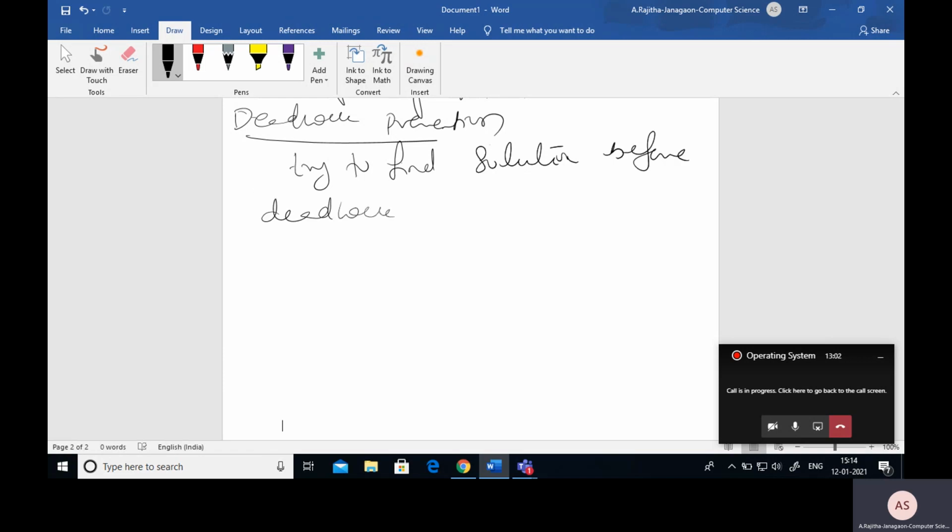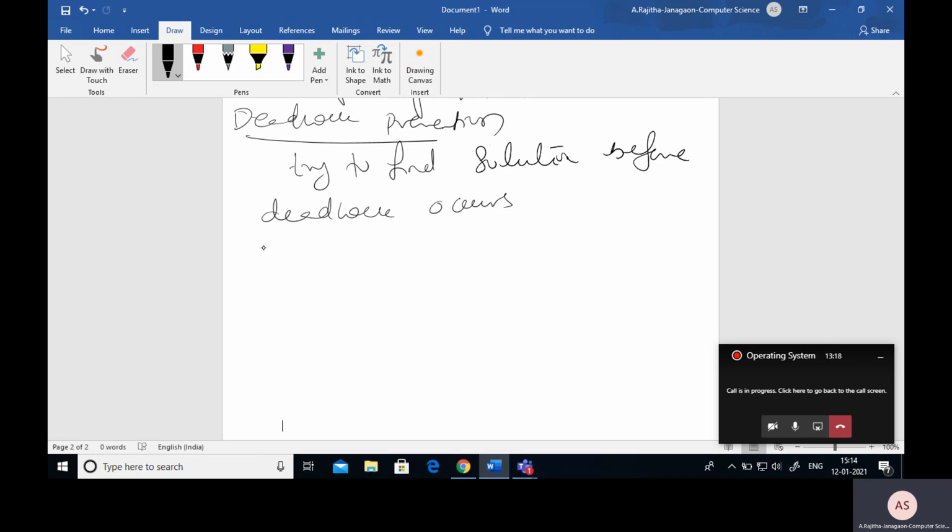Before the deadlock occurs, we find out solutions, so that we can avoid the deadlock beforehand.